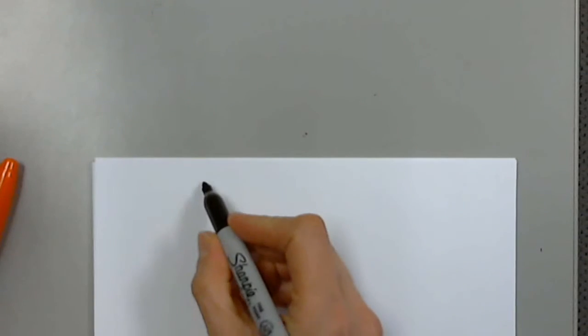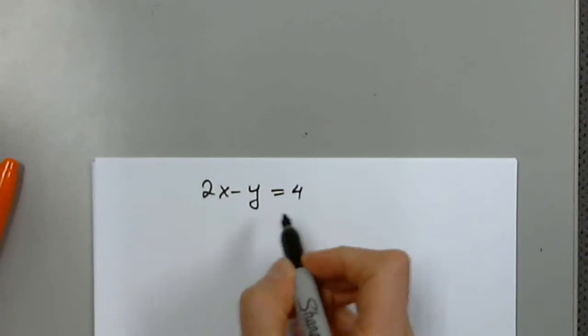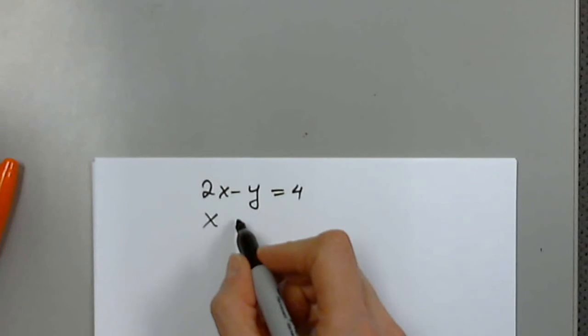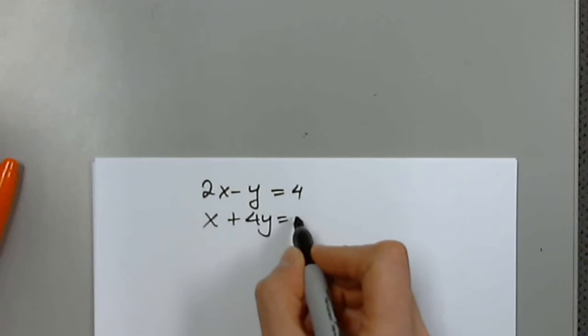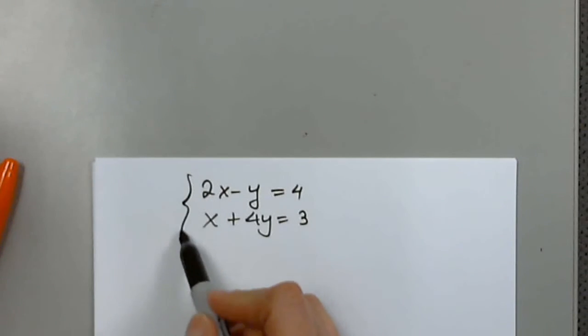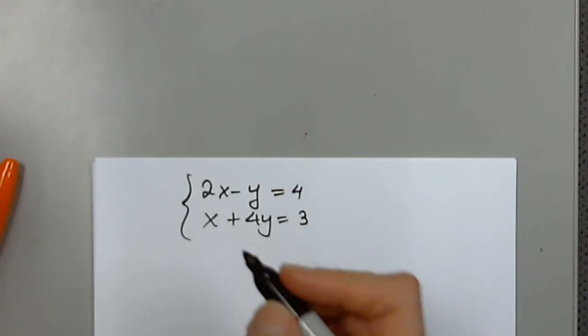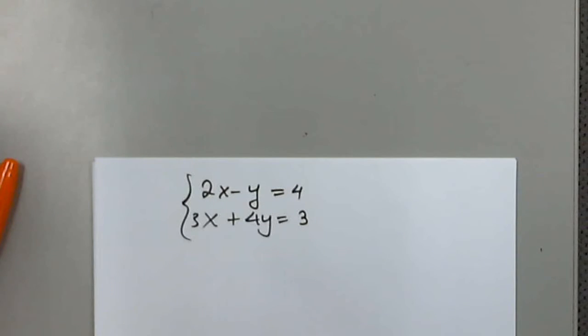So here it is. If I want to solve the system 2x minus y equals 4, and x plus 4y equals 3, by elimination, which of the two variables will I eliminate?